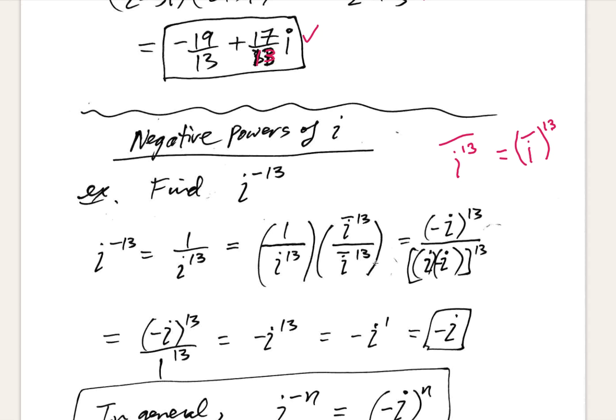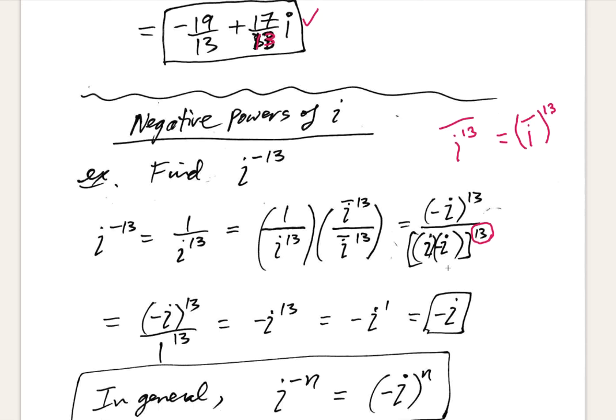Because both of these terms have the same exponent, I can write this as i times negative i, all to the 13th. I times negative i, if you work it out, is actually 1. So that's 1 to the 13th power. Any power of 1 is 1. So I've actually got negative 1 to the 13th power.